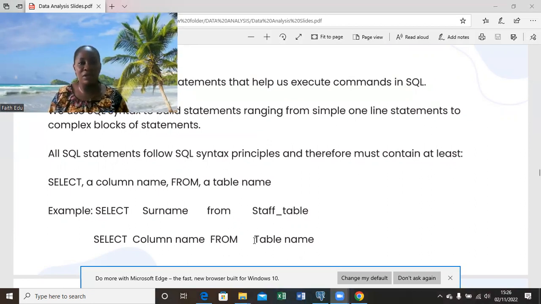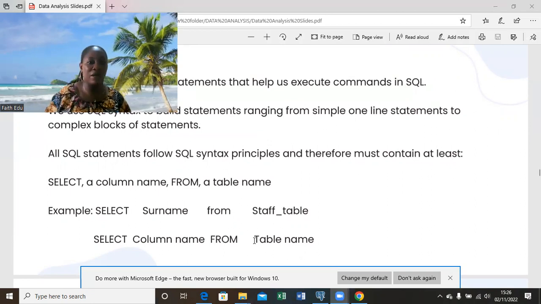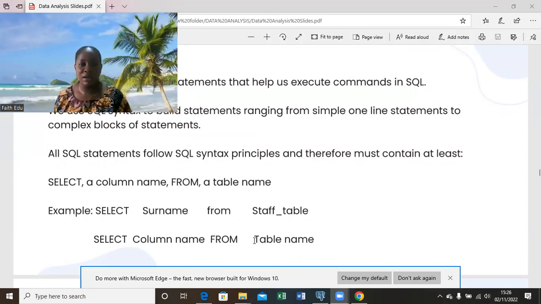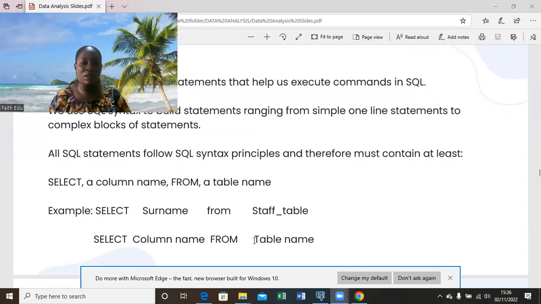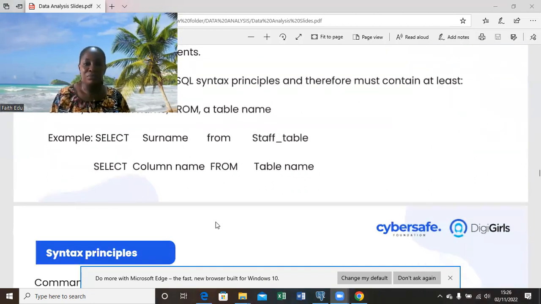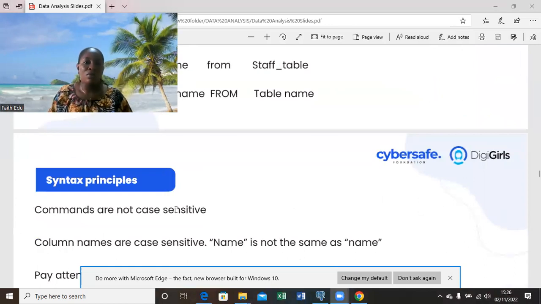That means you have a staff table that is made up of possibly different data, and one of them includes the surname of the staff. So this is the example given here. We shall be looking at some of the syntax principles.